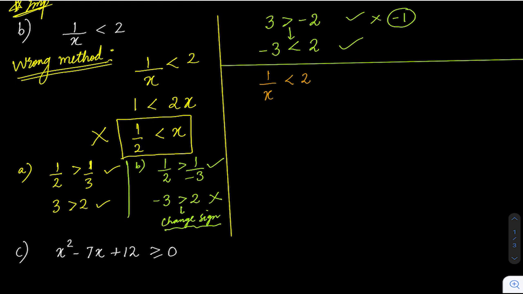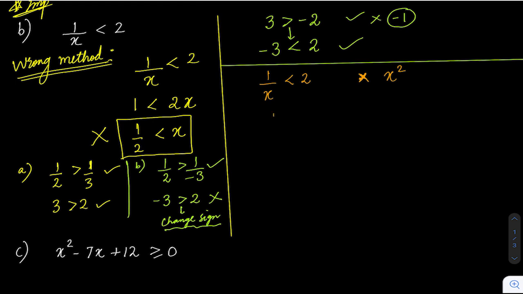So we will multiply this whole inequation by x square, because I know x square can never be negative.